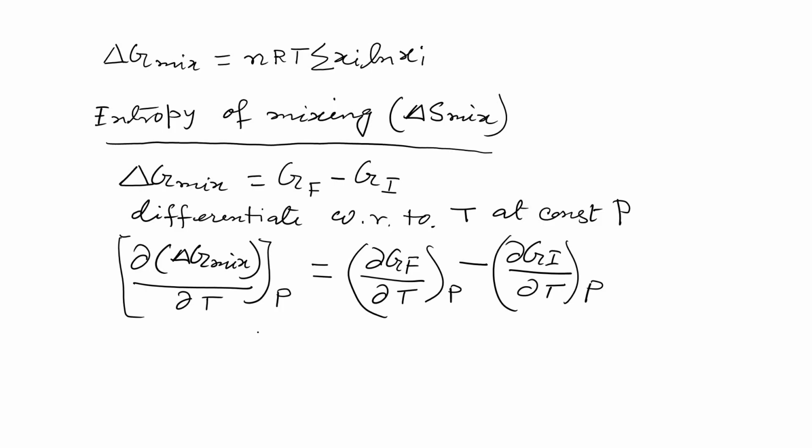Now we already derived dG equals VdP minus SdT.